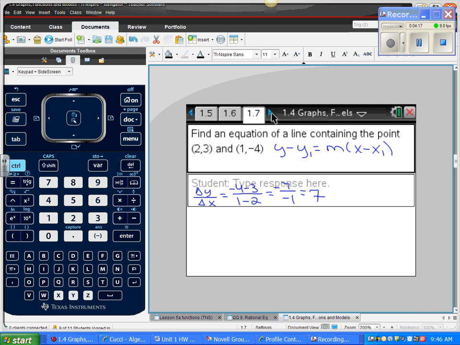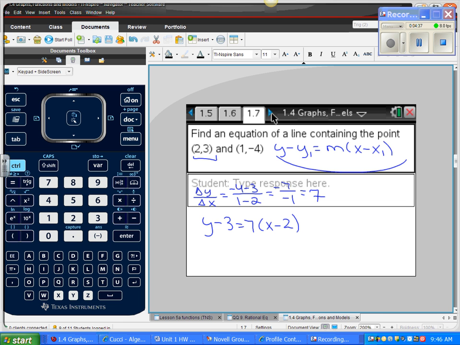Second step, we're going to utilize this point-slope formula right here. You could pick any point that you'd like to use. Either one is fine. I typically like to use the ones that are the easiest, and that's going to be the ones without any negative signs. So we get y minus y1 equals m times x minus x1.